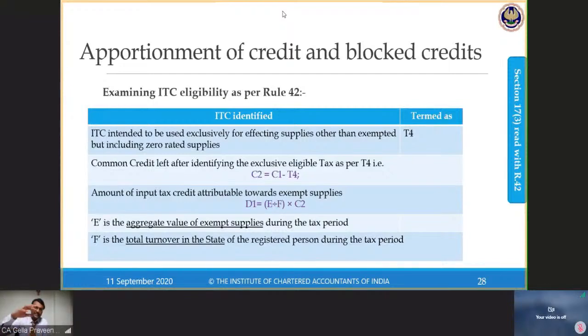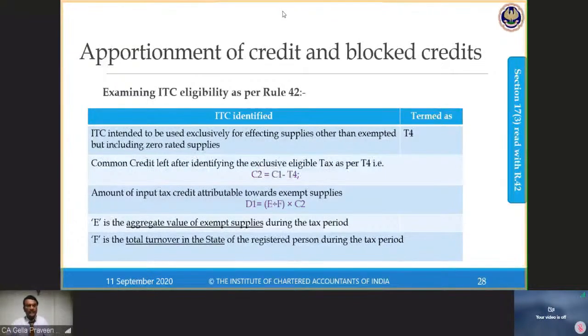Because out of my purchases, I have identified ineligible credits. I have identified other than supply. I have identified your 17.5. I also have excluded where I am eligible. The last bunch is called common credits. Okay. Now coming back, that common credits is called C2.